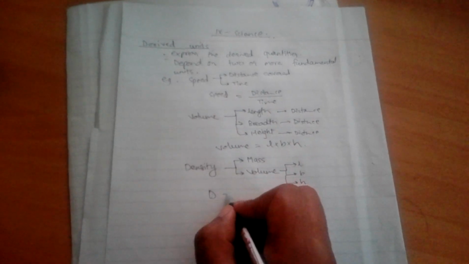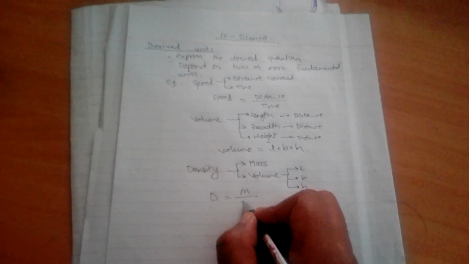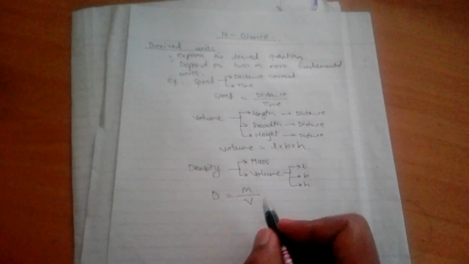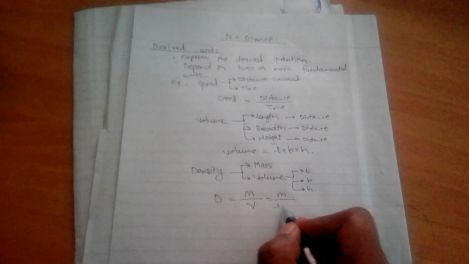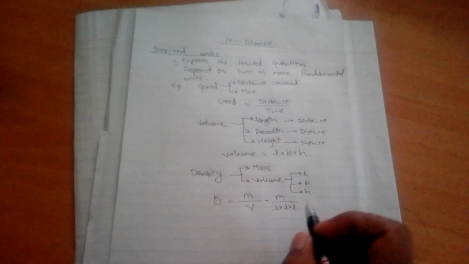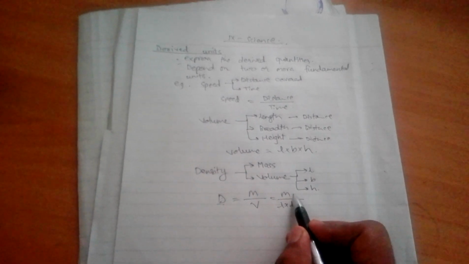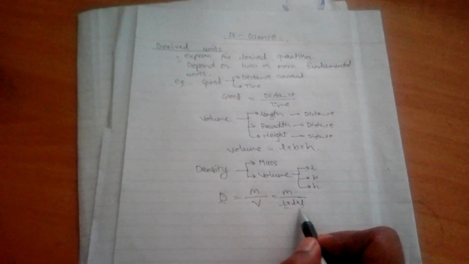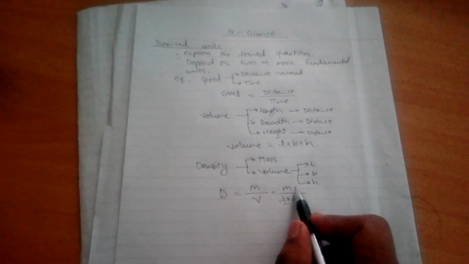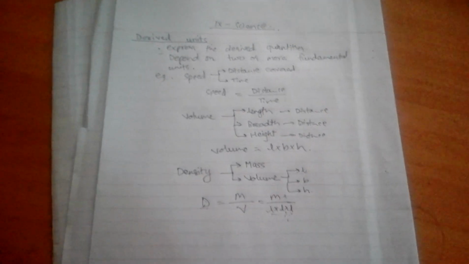Only then can you calculate density as mass divided by volume. So you can say density depends not on just two, but on four other quantities. So density is a derived quantity, whereas mass and length, or distance, are fundamental quantities. By this much, I hope you understand what derived units are.